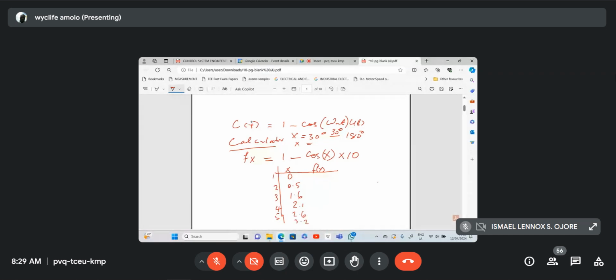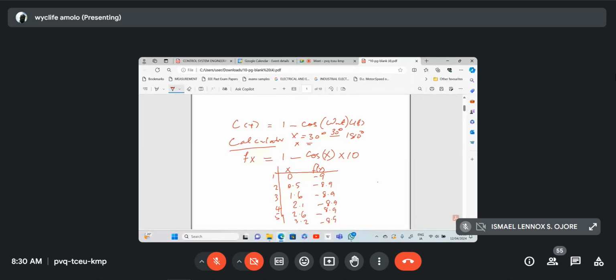So my function values will be minus 9, minus 8.9, minus 8.9, minus 8.9, minus 8.9.